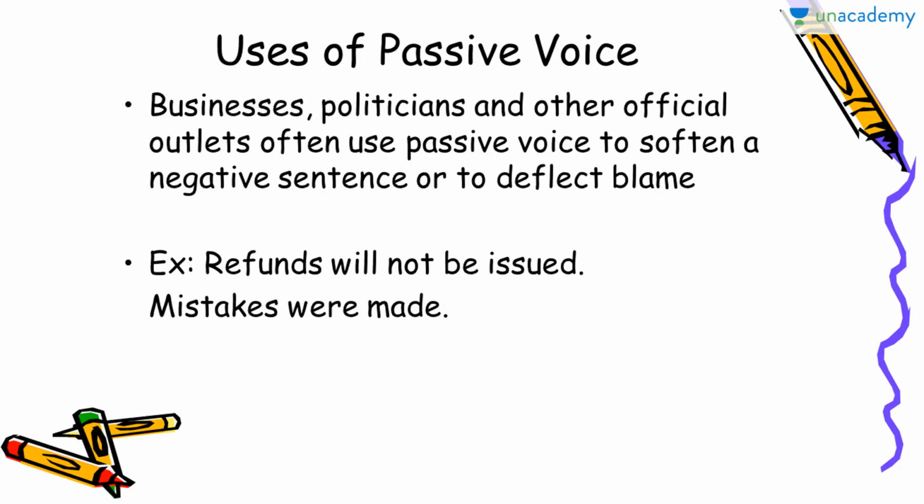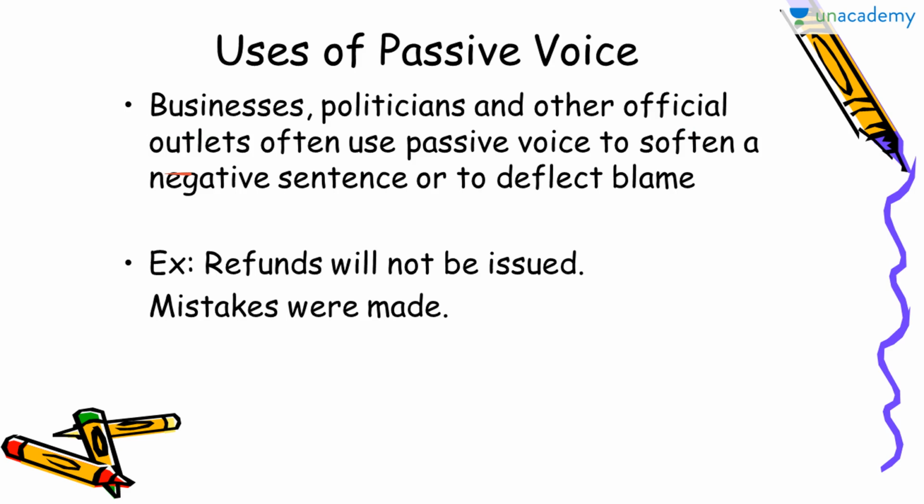And then at last we see that in businesses, politicians, and other official outlets, they often use passive voice to soften a negative sentence or to deflect blame. Now, these are some categories, like business and politics and some official outlets. They don't want to say something bad or something negative directly.